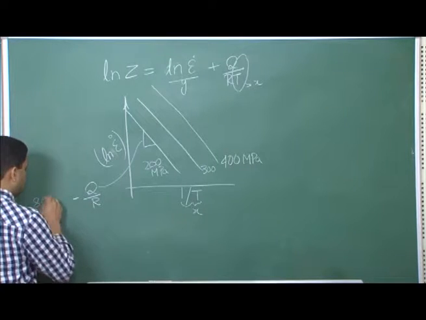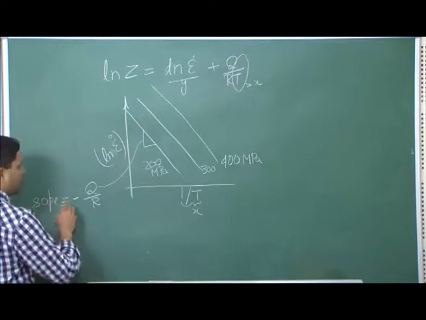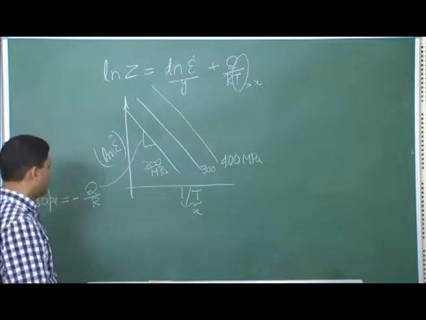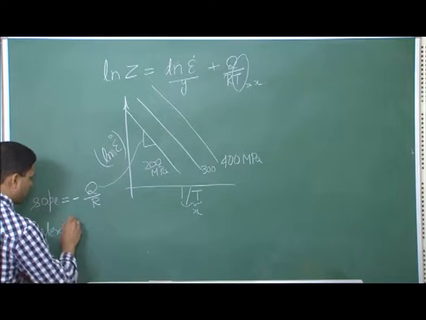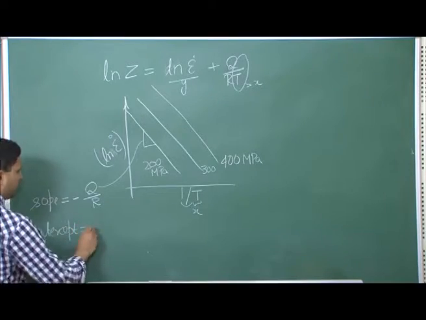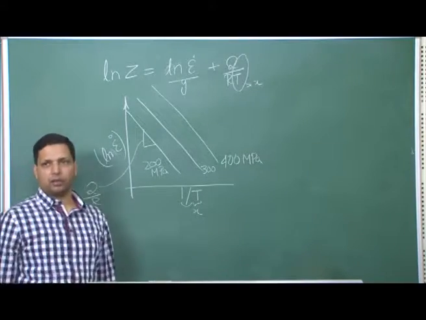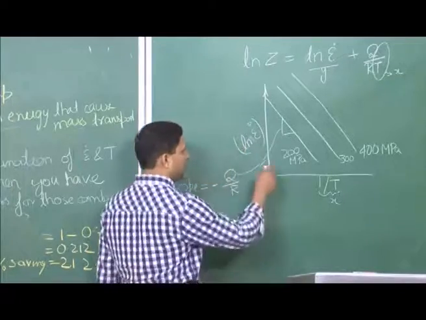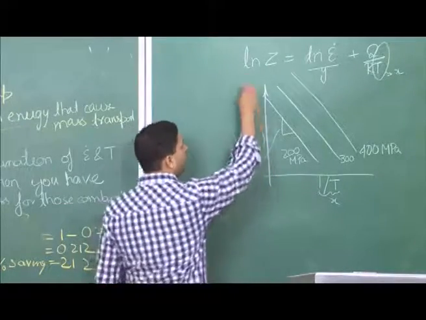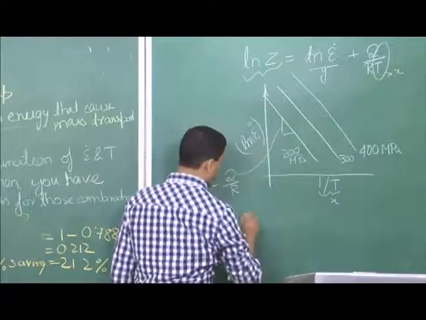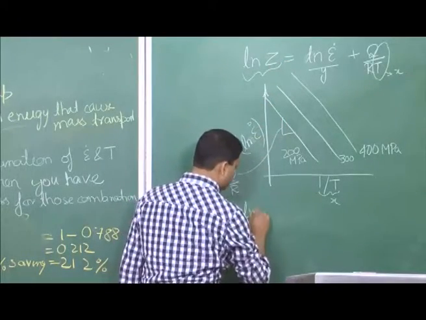So, the slope is equal to minus Q over R, and the intercept also, if you remember from your high school geometry, when you have a y equal to mx plus c kind of equation, the intercept is equal to this constant value, which is ln Z.